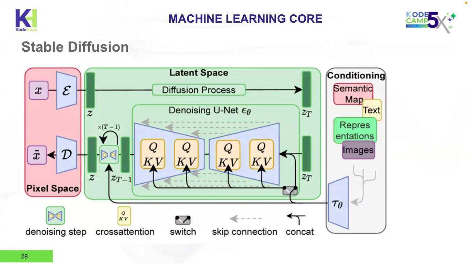In other words, it's after the first conversion from the image or pixel space into the latent space, or from the word sequence embedding space into the latent space. Okay, so you can look at this. The first thing is that you have a concat here.